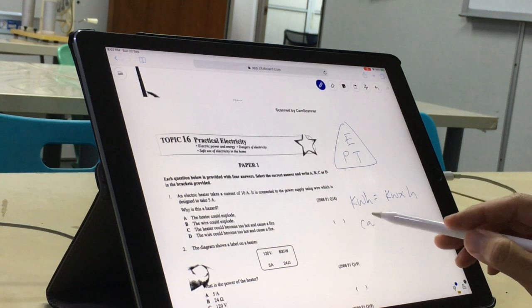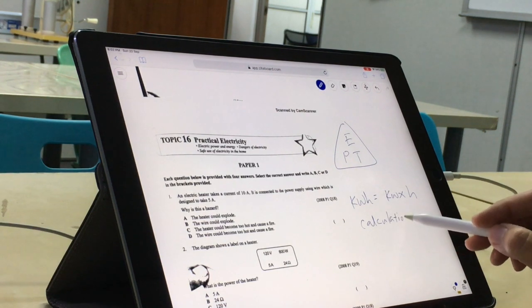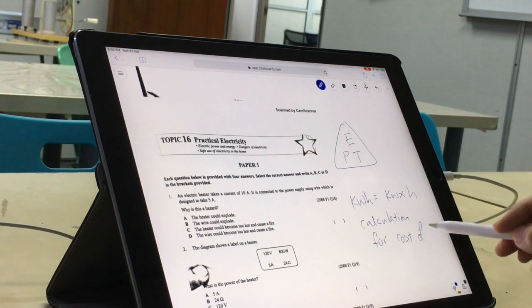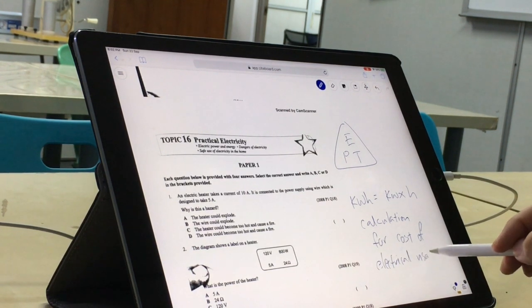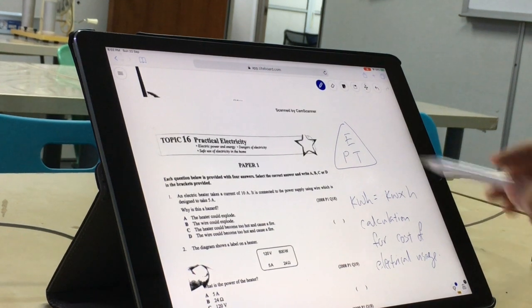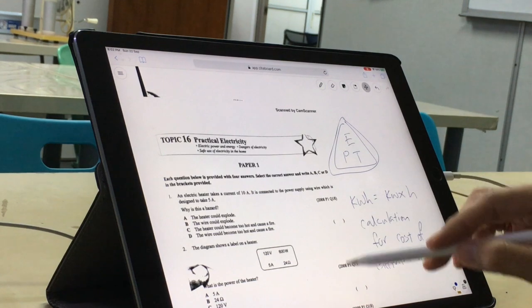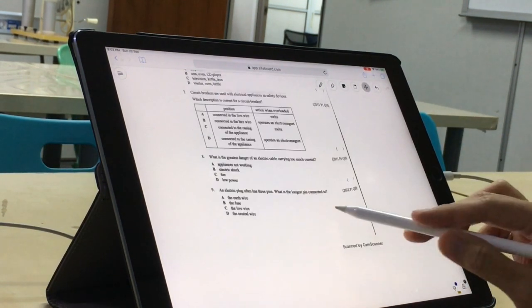The kW is kilowatts, right? Calculation for cost of electrical usage, that's what this chapter is about. Basically you need to use the triangle for this part, for most of the questions.